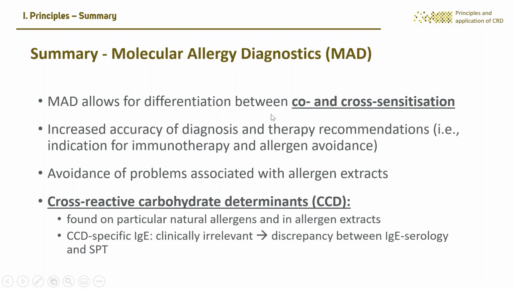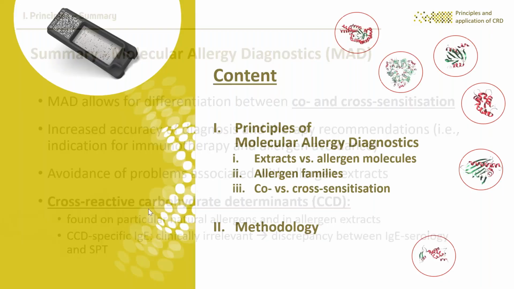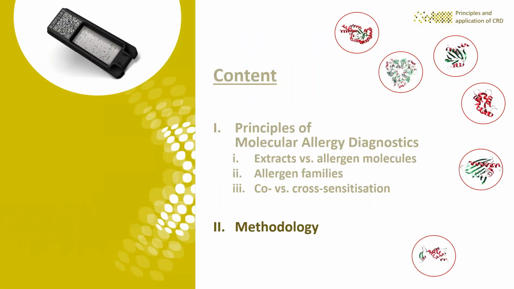And this finally can help you to give more targeted recommendations on allergen avoidance or immunotherapy. And also, please bear in mind that extract-based tests always have the risk that you have false positives in case of reactivity to CCDs.